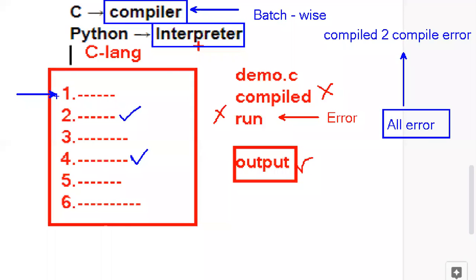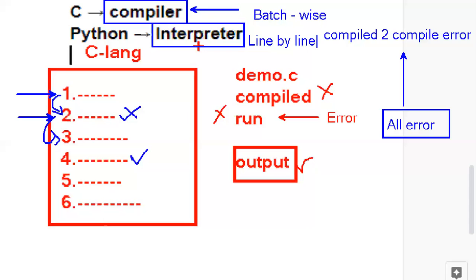If this line is executed perfectly, then control goes to the second line. Now here I'm making a mistake at the second line. When control goes to the second line, the interpreter understands that the user is making a mistake there. Then the program stops execution at that particular line itself. Control will not go forward to the next line. This is known as line by line execution.